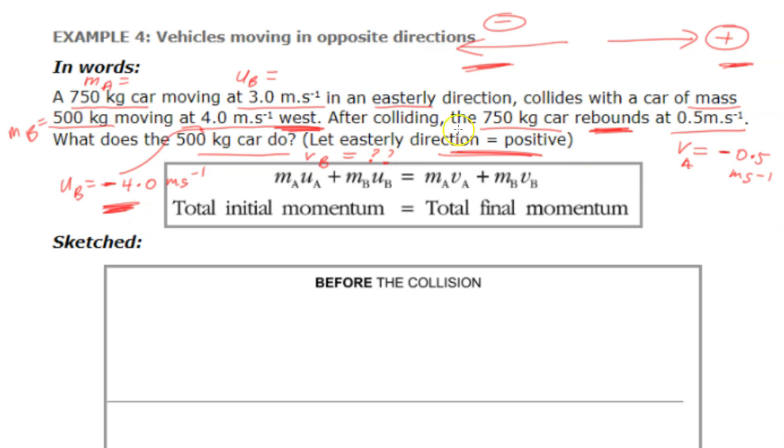If we look at after the collision, the velocity of A rebounds. If it's initially going easterly, its final velocity direction is to the west, or negative. So again, make sure when you substitute those values that you don't ignore the negative signs.